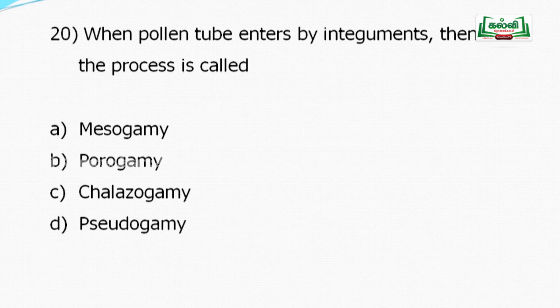Then question number 20. When a pollen tube enters through the integuments, the process is called, entry of pollen tube takes place through the micropyle, or through the integuments, or through the chalaza. The options are A, mesogamy, B, porogamy, C, chalazogamy, D, pseudogamy.